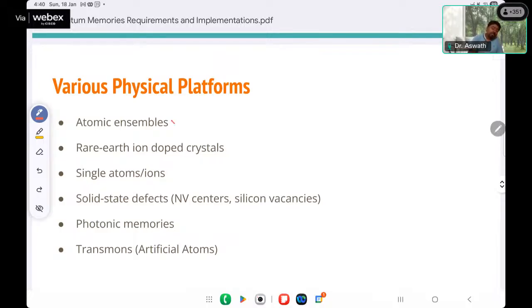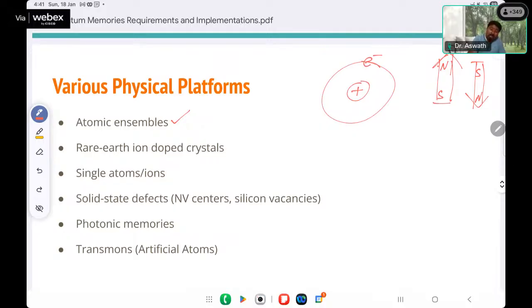One is atomic ensembles, which means I take a collection of atoms where the outermost free electrons would constitute a magnetic memory. At such a quantum level, what happens? The electron, revolving clockwise or anticlockwise, itself becomes ambiguous, meaning the corresponding dipole moment for this electron can be north-south or south-north, meaning it can be an upspin or a downspin.